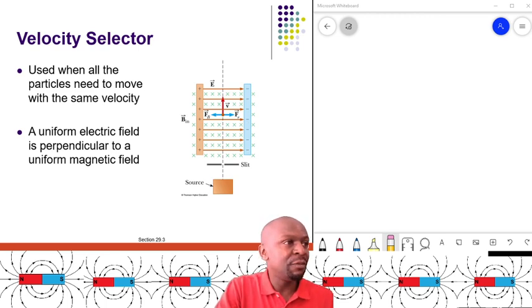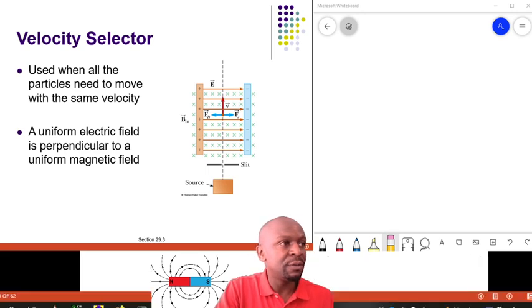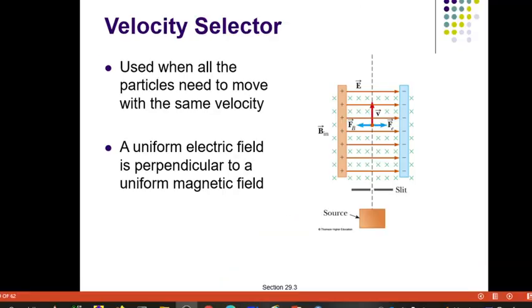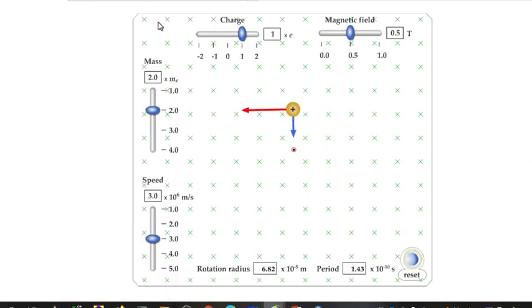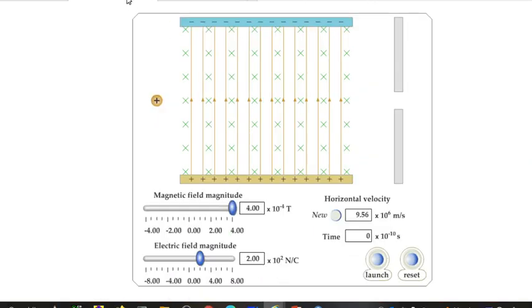Right, let me get my simulation for this. I just want to show you the simulation for these charged particles moving in the region of both the magnetic field as well as the electric field.